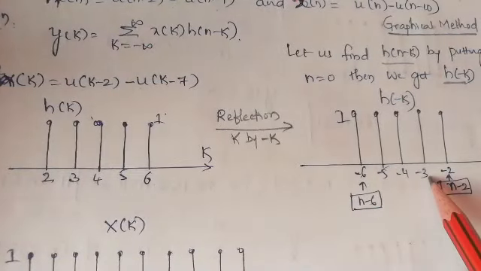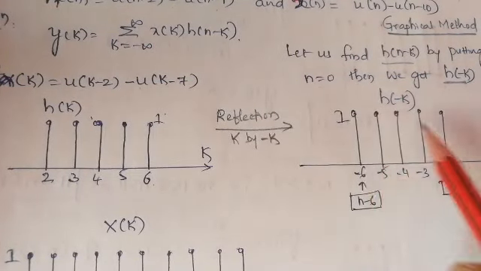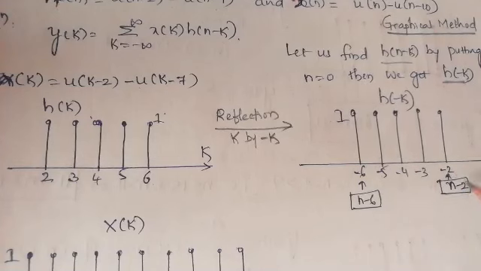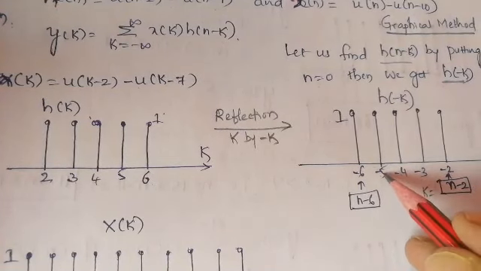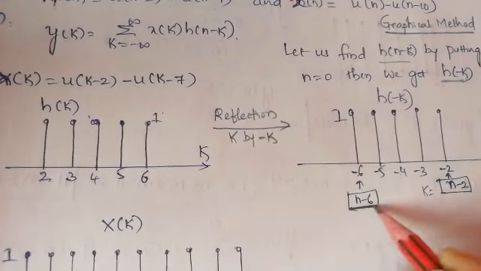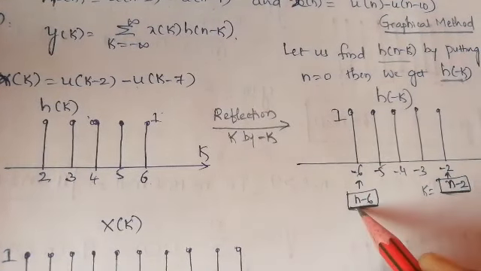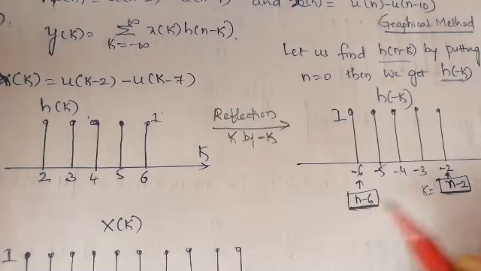Amplitude remains the same. With the shift, this is indicated as k equal to n minus 2, n minus 3, n minus 4, n minus 5, n minus 6. So we have two ends, n minus 2 and n minus 6. This is about the second signal.